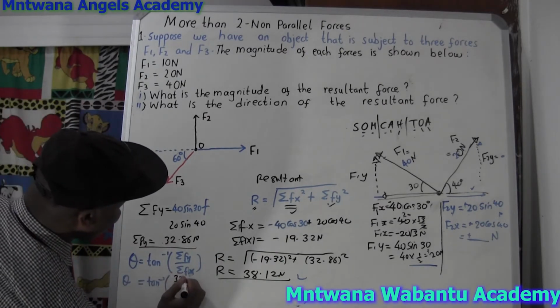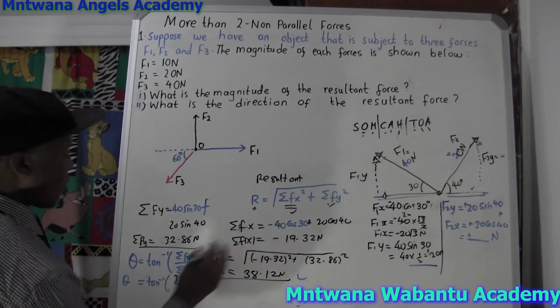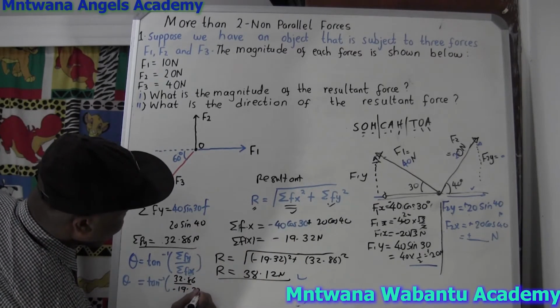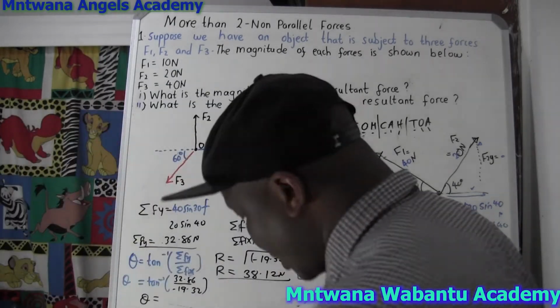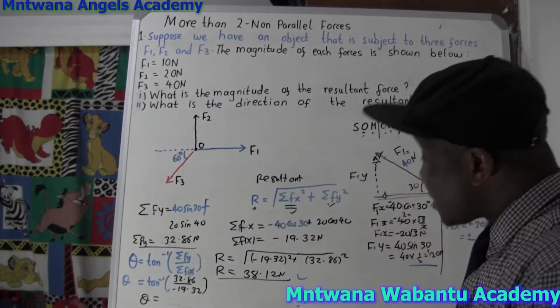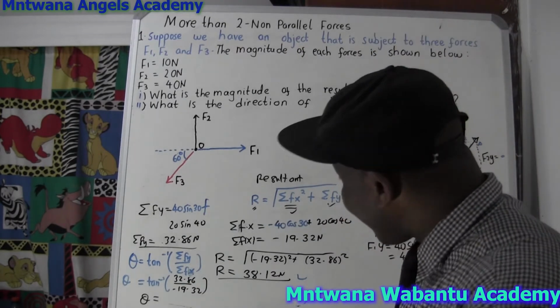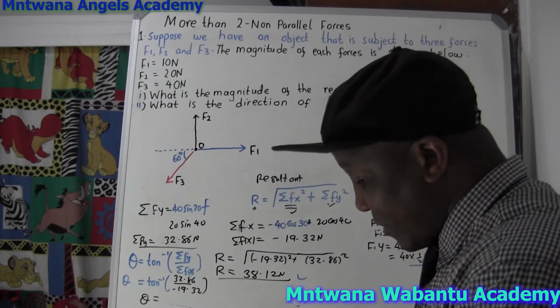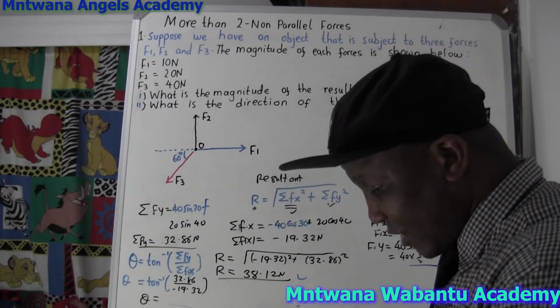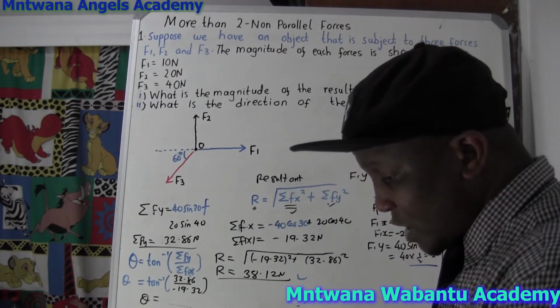So this is going to be 32.86 over negative 19.32, and this direction equal to, so take a calculator, say shift tan of bracket fraction 32.86, and then divide by negative 19.32. Close it quick.